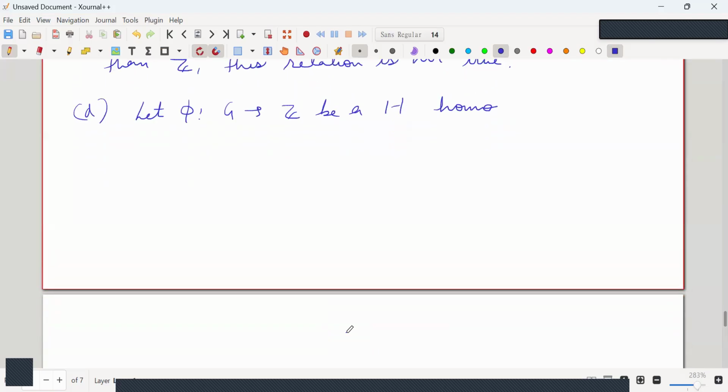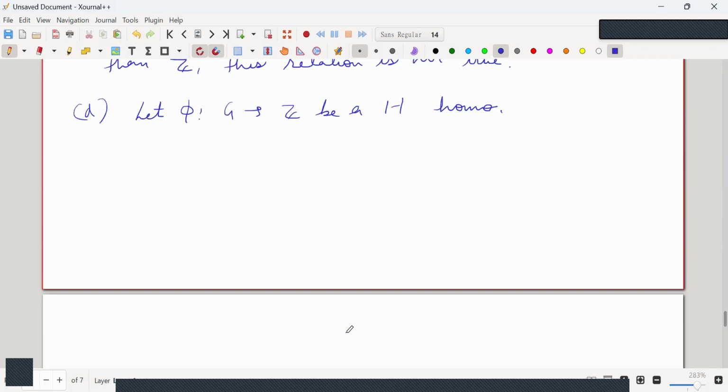Okay, we went slightly off track, sorry for that. So if phi is a 1-1 homomorphism from Z to G, then the claim is that G has to be infinite. Why is it so?